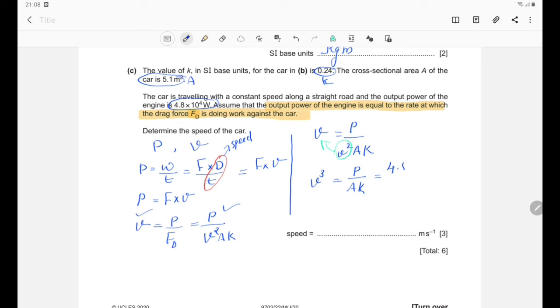Power is 4.8 into 10 to the power 4 over area of cross section is 5.1 times constant is 0.24. So you can take the cube root of this value. So you will get V is equal to 34. So the answer is 34 meter per second.